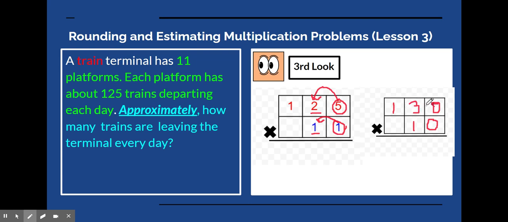And a way that we can multiply when you have estimated or rounded numbers is that you can essentially ignore the zeros, and we can multiply 1 times 3 is 3. 1 times 1 is 1. And then you could add on the 2 zeros.